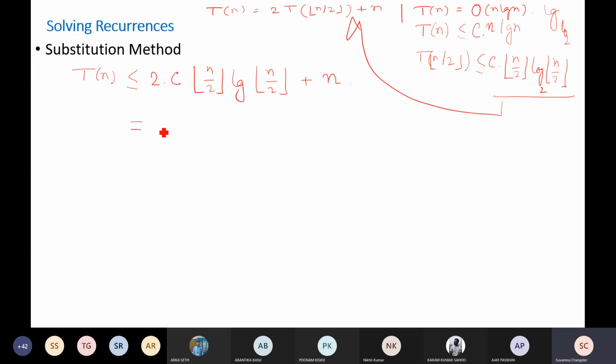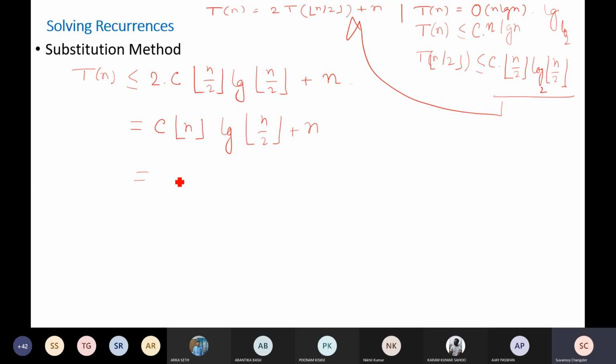Here the 2 will be erased. So we can write C n log of n by 2 plus n.